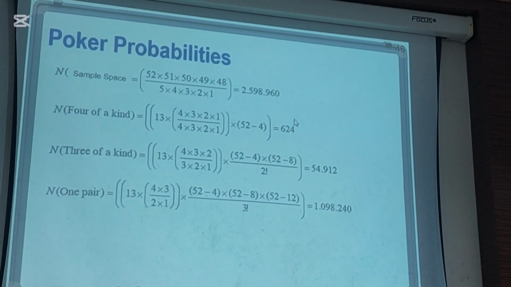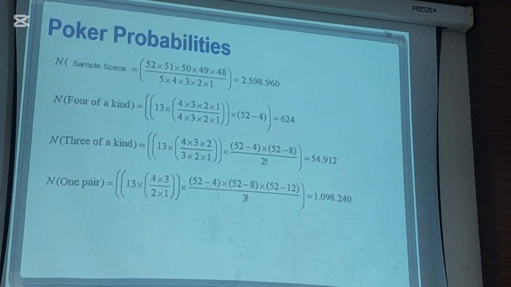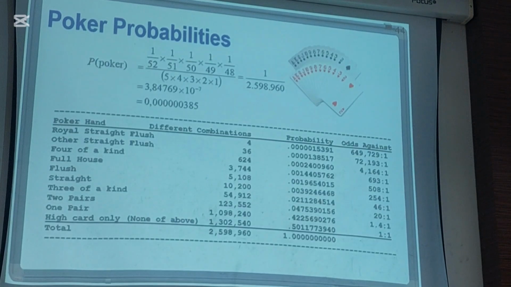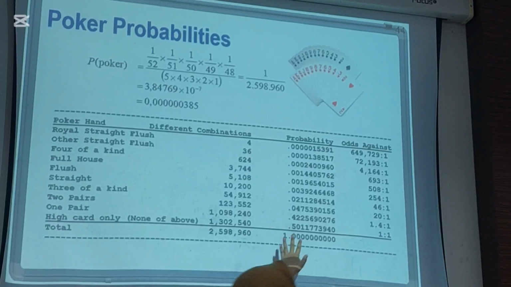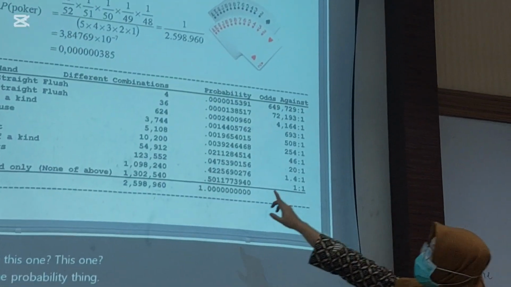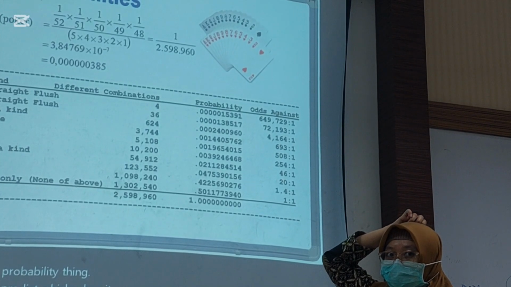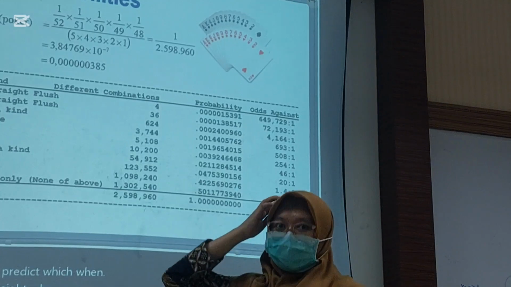But is it possible for us to predict? Yes. For example, this one, flush. This one. This is the probability. We can predict when we calculate with height.